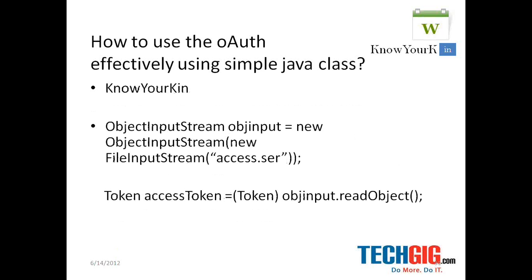Basically, you can access this access token file from the object input stream, where you invoke the object input stream from a different class, other than the main class which you expose to the client. And we can also read this object input as an access token object, which has been converted into a token object.